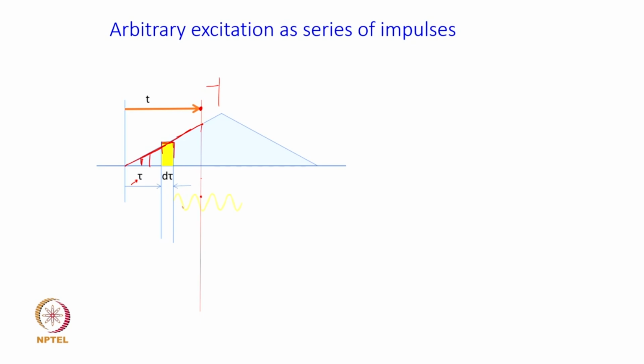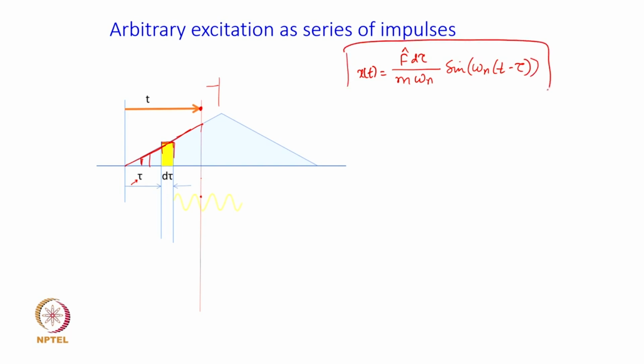We have discussed the expression x of t equal to f cap d tau over m omega n, sin omega n (t minus tau). That is the response expression that we have already derived for a solitary impulse having a value of f cap d tau.